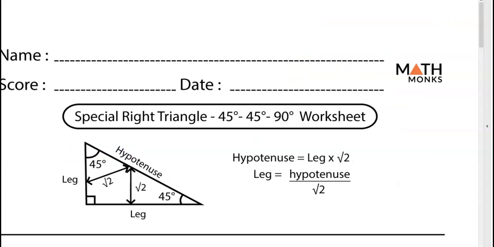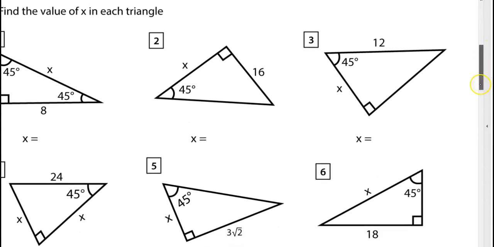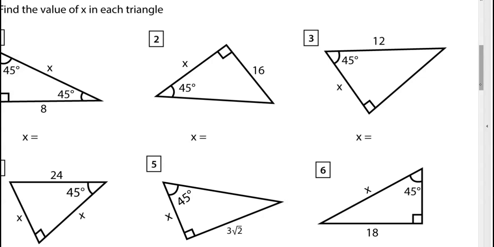So let's go through the problems in the worksheet, starting with problem number 1. You have to keep in mind that, again, we have an isosceles right triangle, which means 2 of the sides are equal. Since this length here is 8, the length here will also be 8.